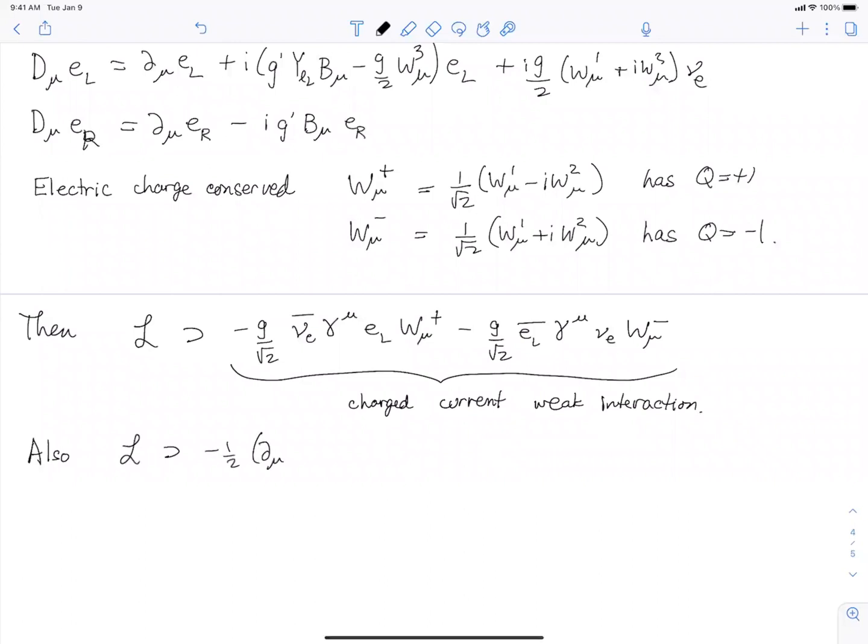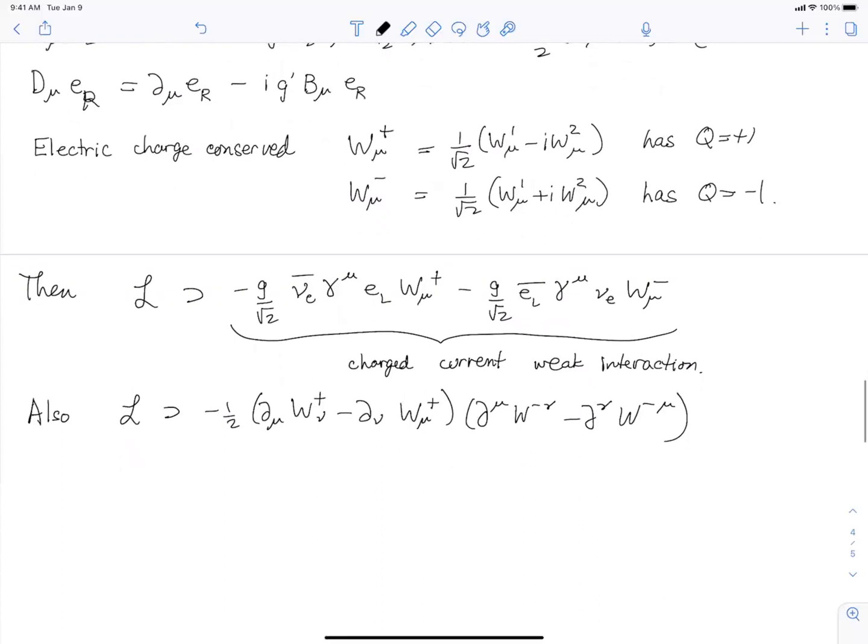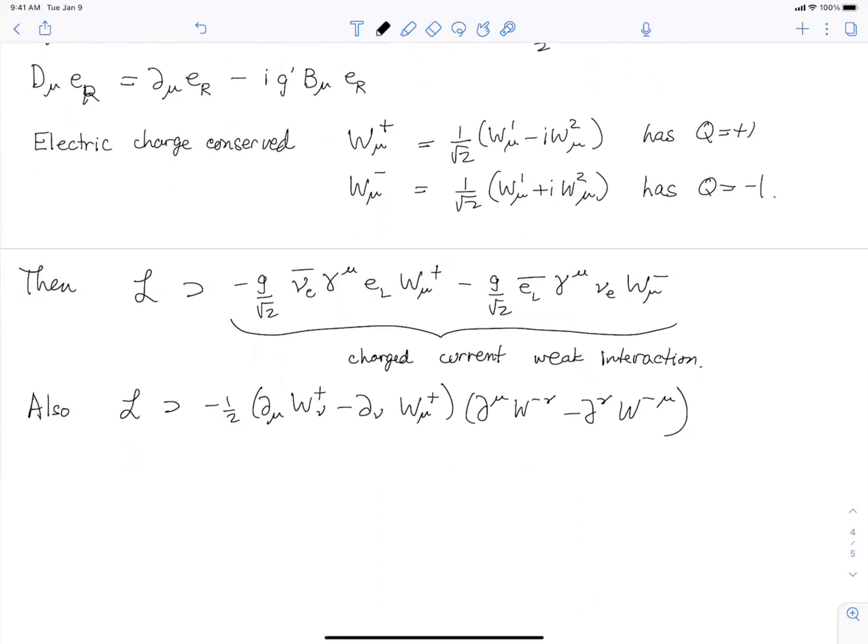So there's partial mu W plus nu minus partial nu W mu plus times partial mu W minus nu minus partial nu W minus mu. All right, so this gives us the propagation of the W field along with its mass, gives us the Fermi Lagrangian that we talked about with muon decay, for example.